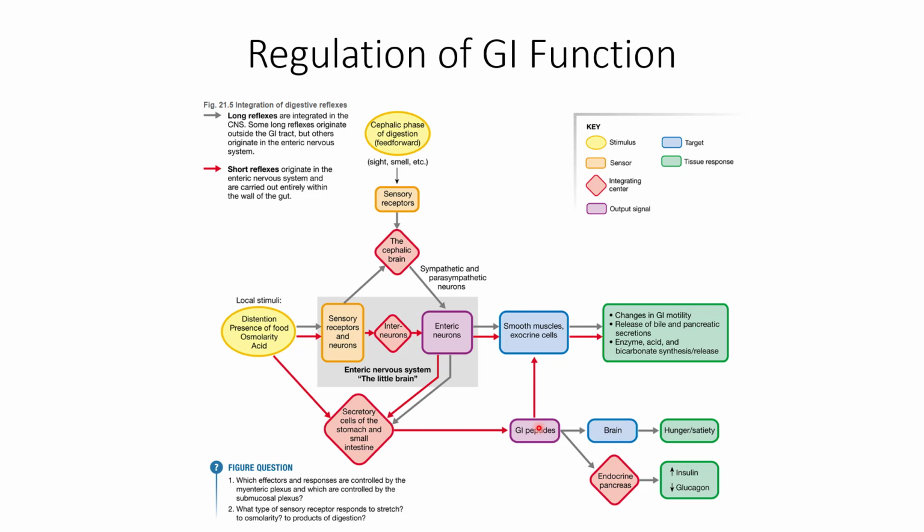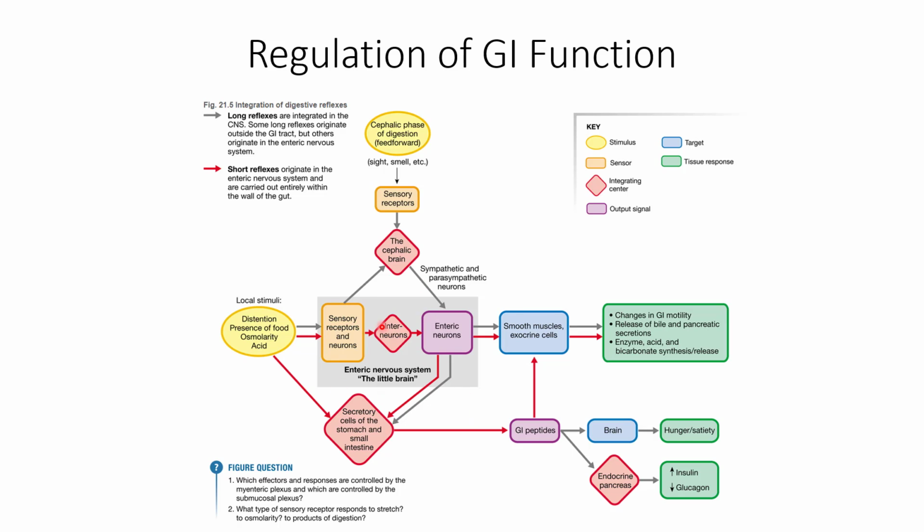Likewise, we can also have endocrine hormones that are secreted that can direct some of these things as well. Like insulin and glucagon play a role in glucose uptake, and those can be directed by the central nervous system as well. So everything in gray can be directed by that.